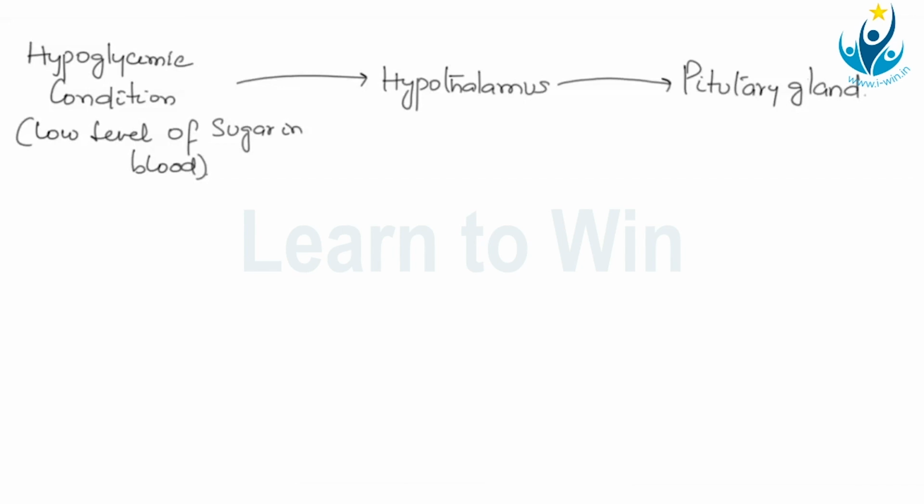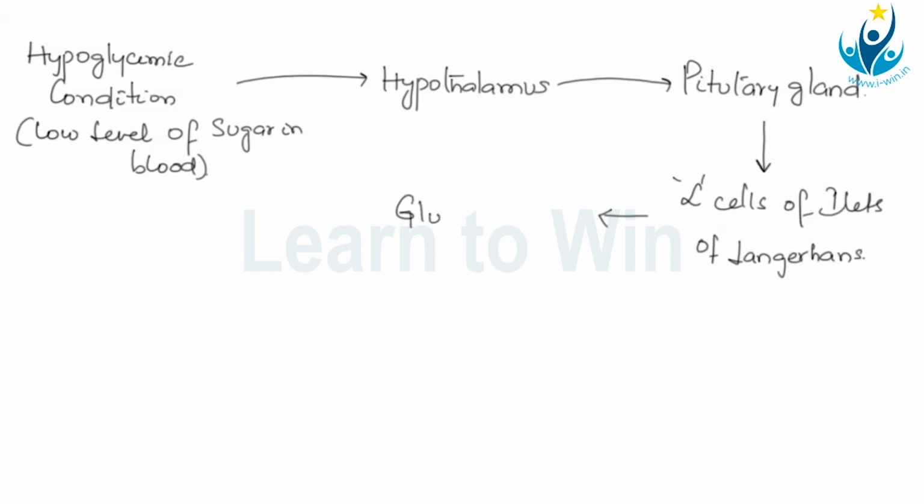The pituitary releases hormones, the stimulating hormones or the tropins, and they finally reach the islets of Langerhans of the pancreatic cell. They reach the alpha cells of the islets of Langerhans, and then these produce glucagon. So this is one part.